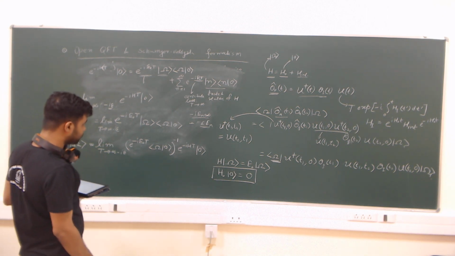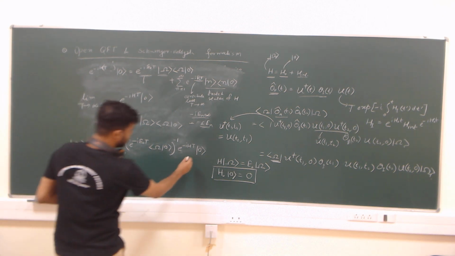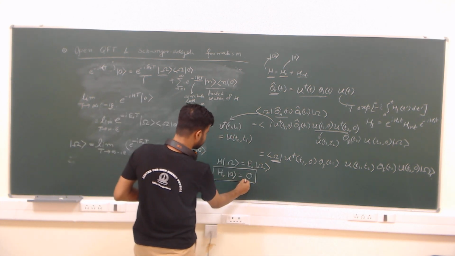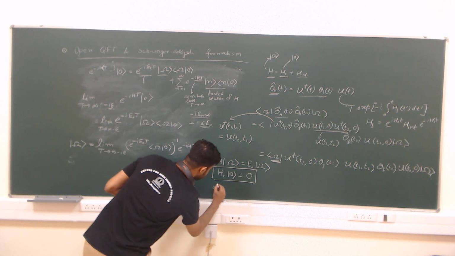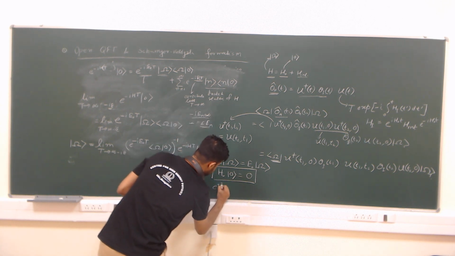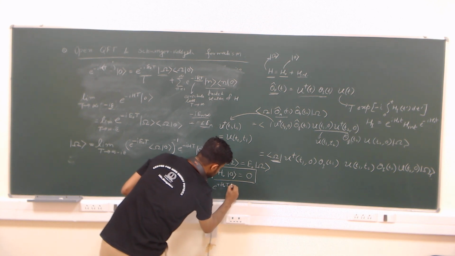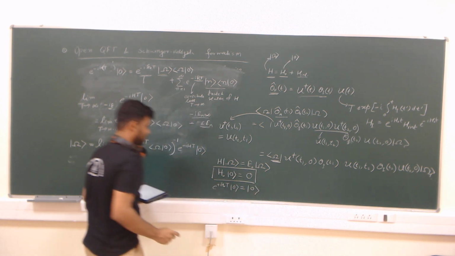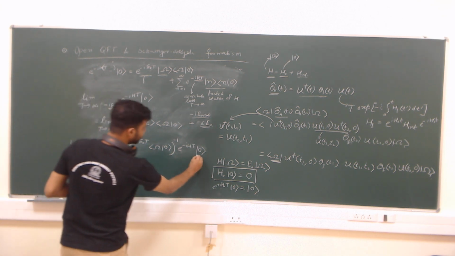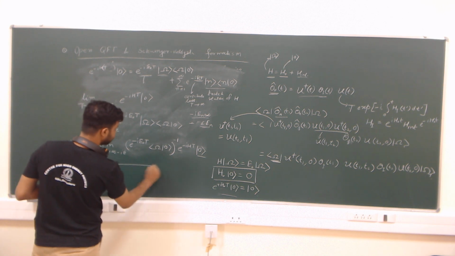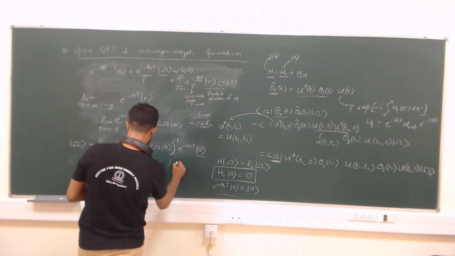Now what we can also do is remember that H acting on 0 gave me 0. So e to the power of anything, like plus i 0 t, acting on 0 will give me just the vacuum state. So we can replace this by this. Everything else remains the same.